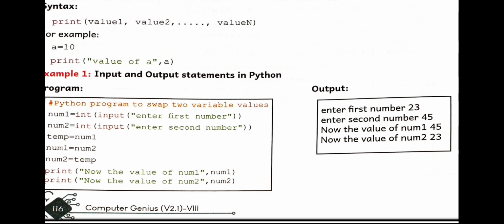You can see the swap program given here using two variables. Here num1 is a variable, num2 is a variable, and temp is a variable. First of all, enter the first number like 23, and enter the second number 45.